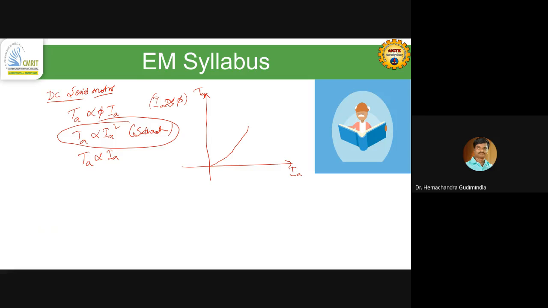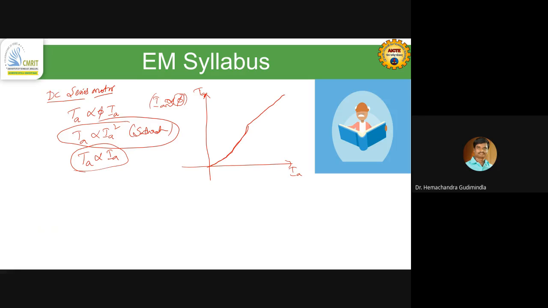After the saturation, if the core is saturated, then what will happen? Phi is constant. So then torque is directly proportional to Ia. That means till now it is like a parabola, and after this it will vary linearly. This is the torque versus Ia characteristics for DC series motor.